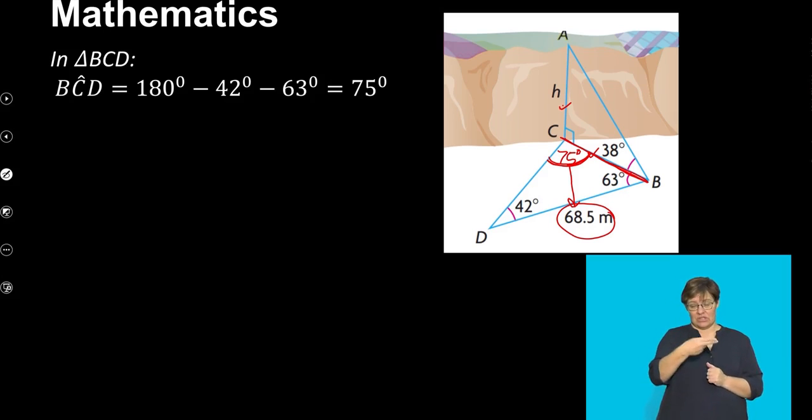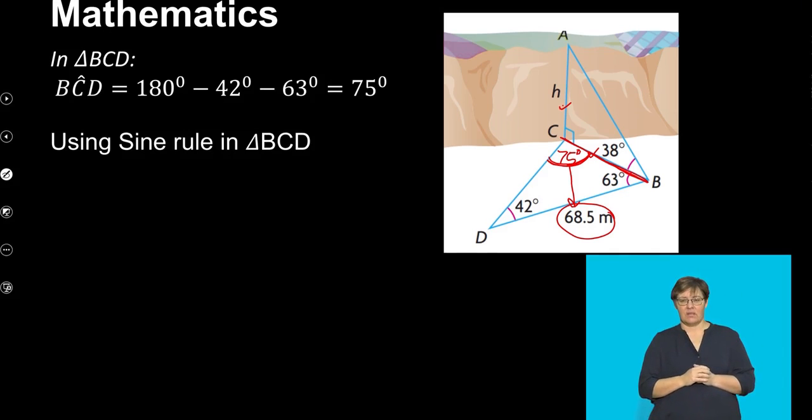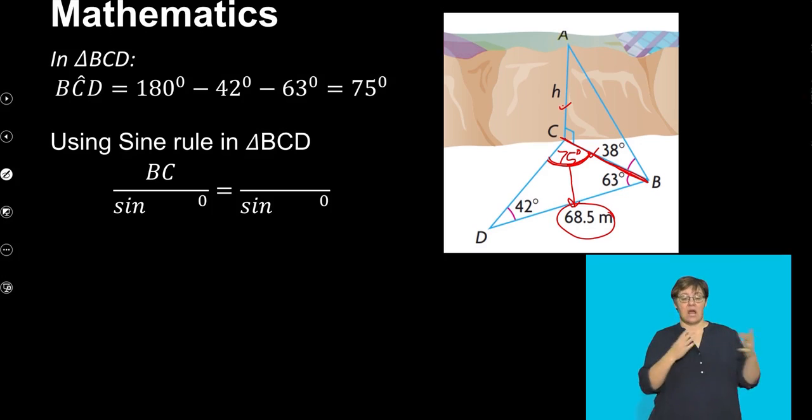And then we can use tangent to solve for h. So back to our triangle BCD. We've got our pair and we need to find BC. So using the sine rule, we're going to start off with BC in the numerator.